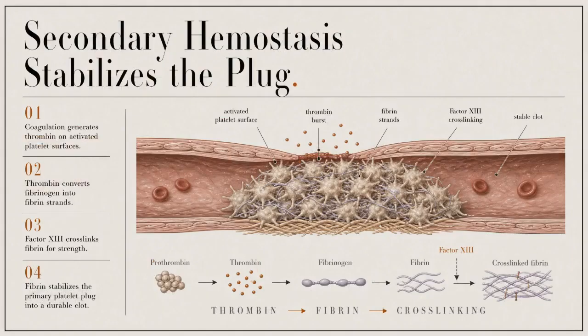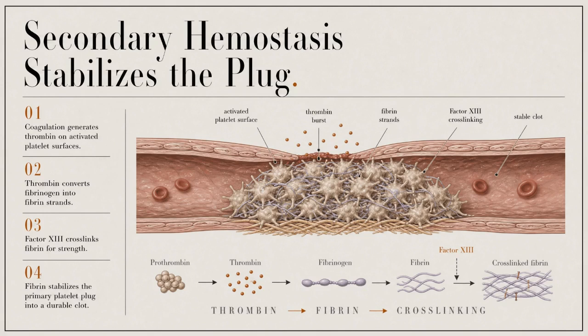Secondary hemostasis builds on the primary platelet plug, stabilizing it with a strong fibrin mesh. This process involves a cascade of coagulation factors that ultimately generate thrombin. Thrombin is the key enzyme here. It converts soluble fibrinogen into insoluble fibrin strands. These fibrin strands then weave through the platelet plug, making it much more durable and resistant to mechanical disruption.